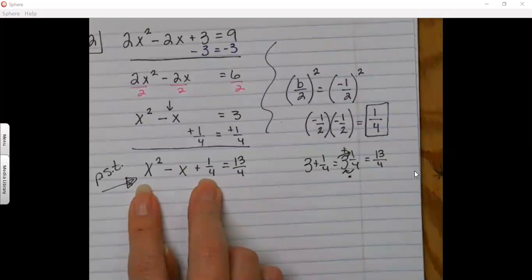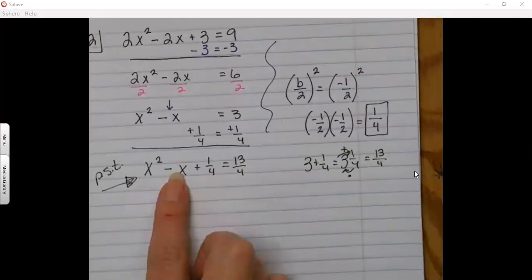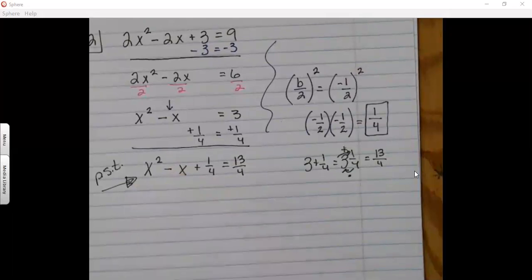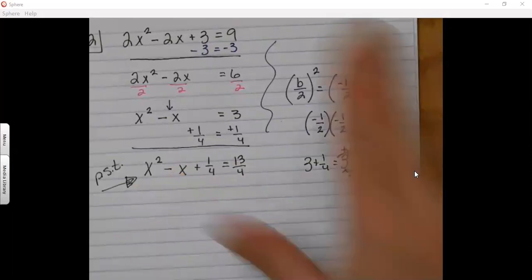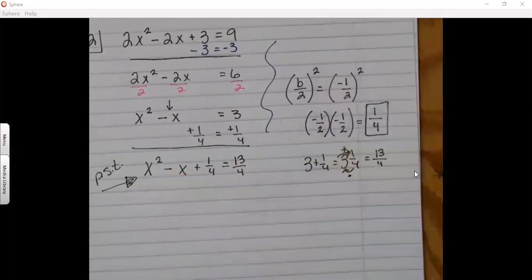When you double 1/2, don't you get a whole? Half a cup of sugar times 2, you're going to have a whole cup of sugar, right? So the middle term's coefficient is 1. Just think about the absolute value. So that is a perfect square trinomial. A little bit harder to see when it's a fraction, but it is. We created a perfect square trinomial by using this process. That's what our goal was. So once we've done that, now we're going to factor the perfect square trinomial using the shortcut.